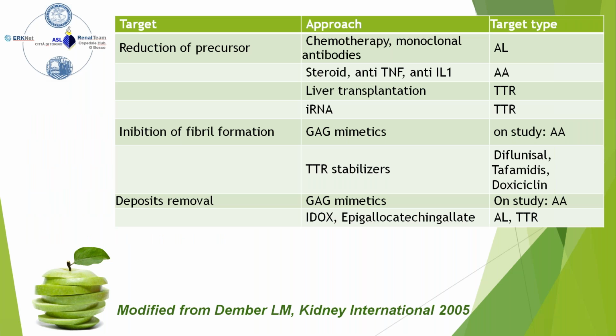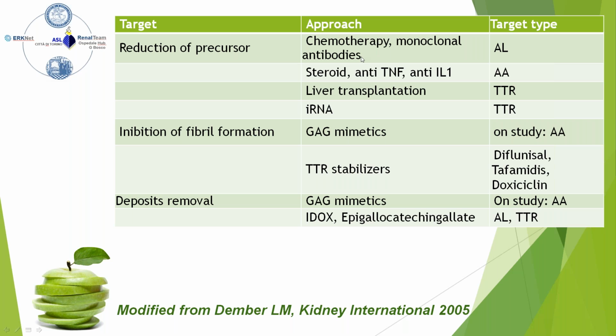To summarize, the therapies for amyloidosis aim at three different targets. First, we can reduce the concentration of the precursor protein in the blood, and this can be obtained in different ways according to the site of production.